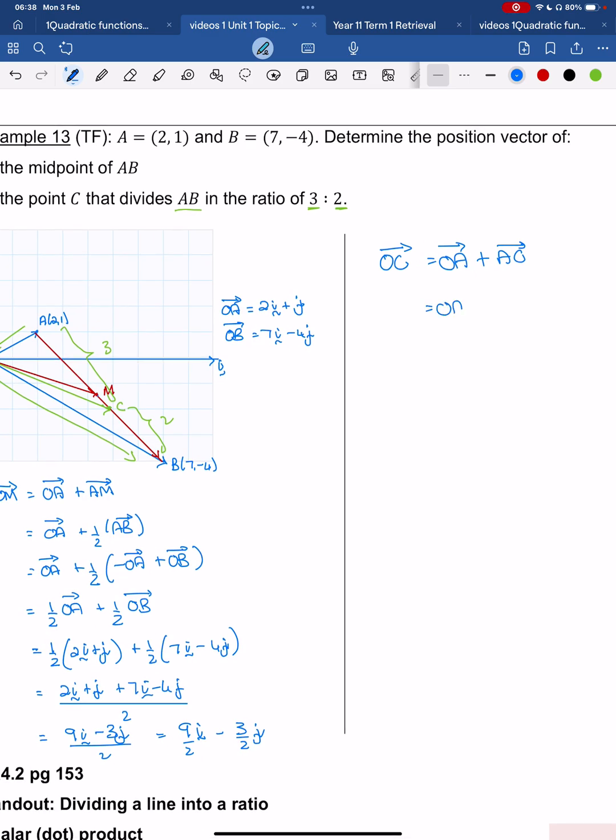So that means OA plus, now let's have a look. Point C is 3/5 of the way to point B. So my total number of divisions is 3 plus 2, which is 5. But 3/5 of the way is where I'm going to find C. So 3/5 of AB.